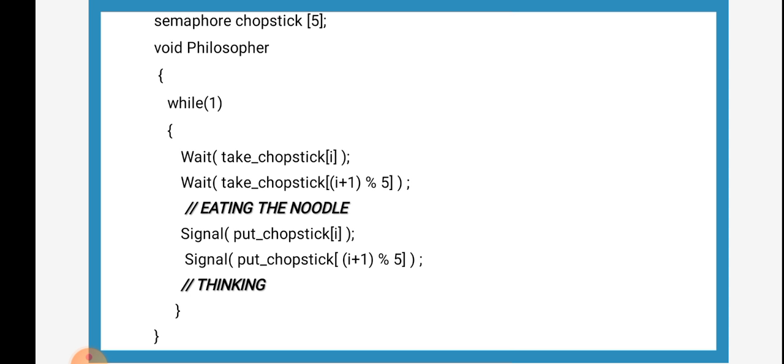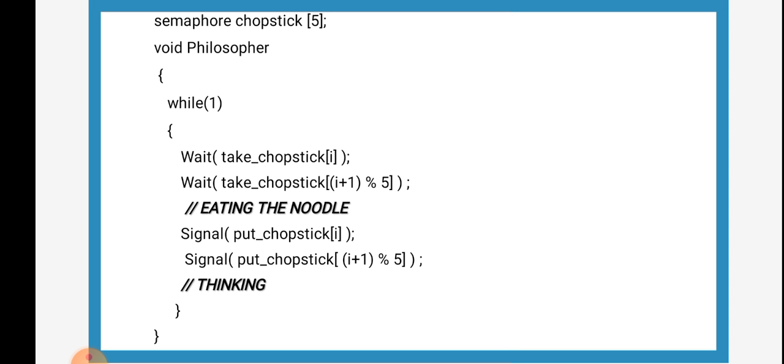So now philosopher P1 has picked up his left chopstick F1 and right chopstick F2. Now he is ready to eat a bowl of rice or noodles.